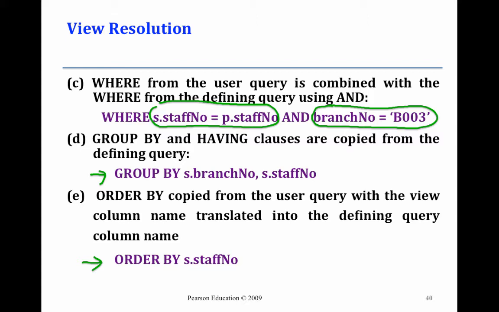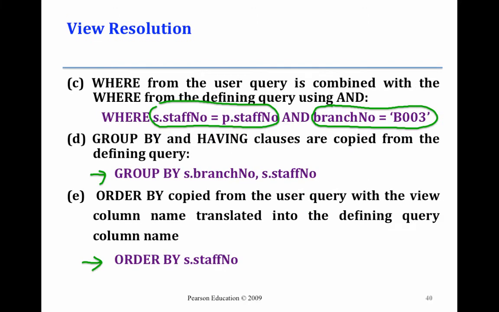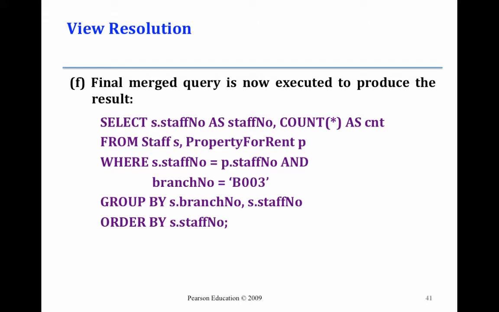And again, we are translating the view column name into the defining query name. So when we're done, we have that final query that is used to satisfy the query on the view. And that's called view resolution.